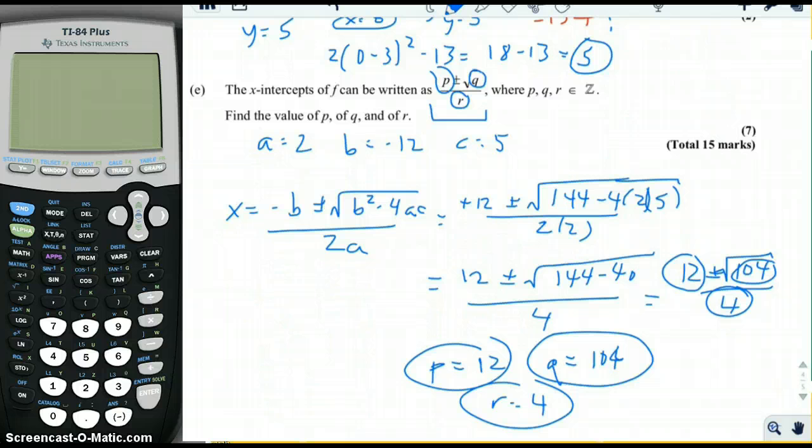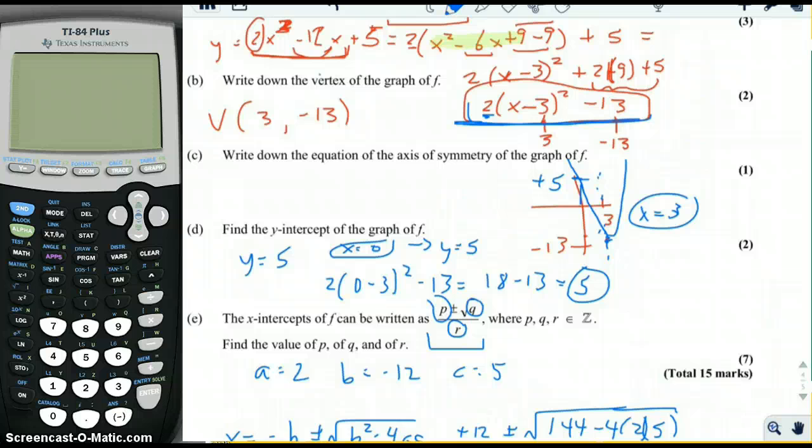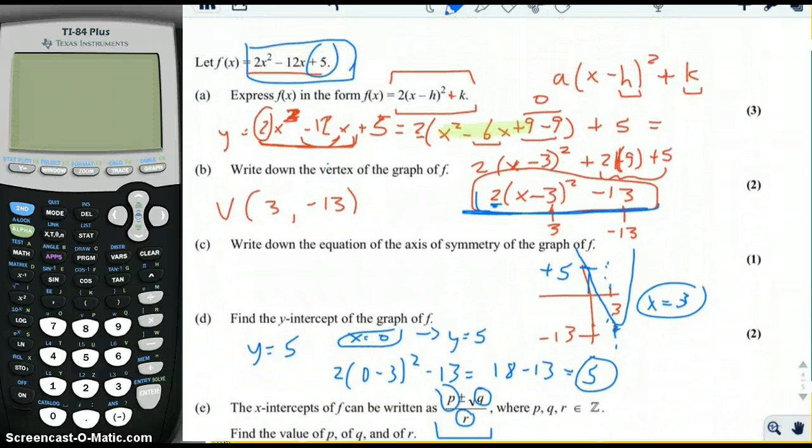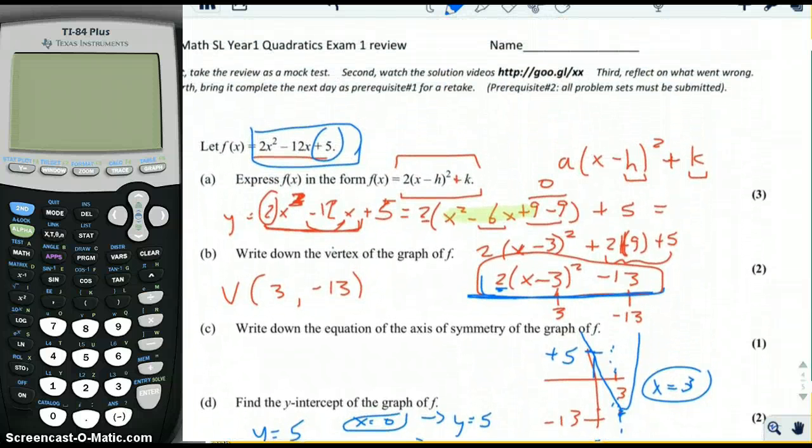All right. So, the other way you could do this is you could graph it on the calculator, assuming that you're allowed to use the calculator. So let me show you how to do this on the calculator. You could graph either the standard form or the vertex form.